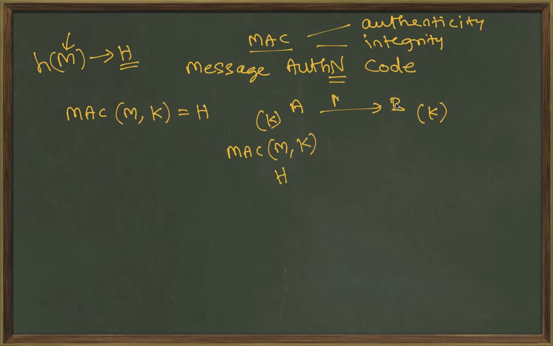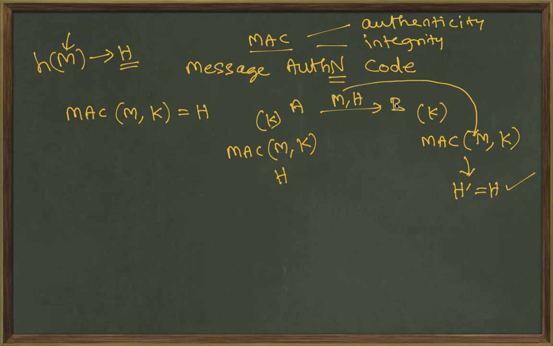She will send the message as well as the H value. On the receiving side, Bob will use the same MAC algorithm. Whatever message he received, he will take it as an input. He knows the symmetric key K, so he calculates the value H dash. If H dash is equal to H, that means the authenticity is verified and the integrity is also verified.